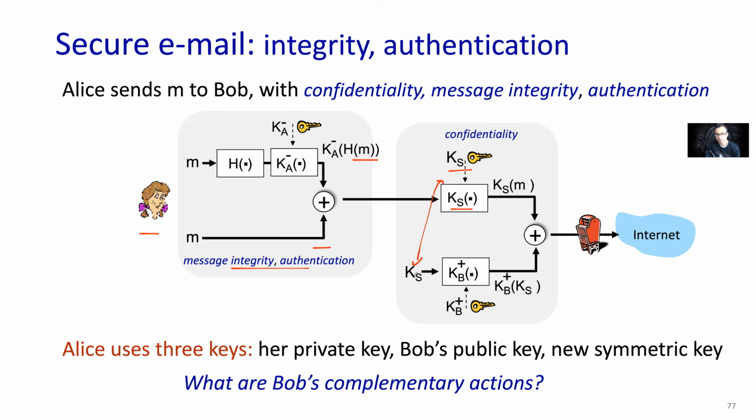The sender generates some random key, which is used for the symmetric key encryption. You encrypt all of this, generate this, and then you also encrypt the symmetric key using the recipient's public key, right? And then what gets sent is that and that.